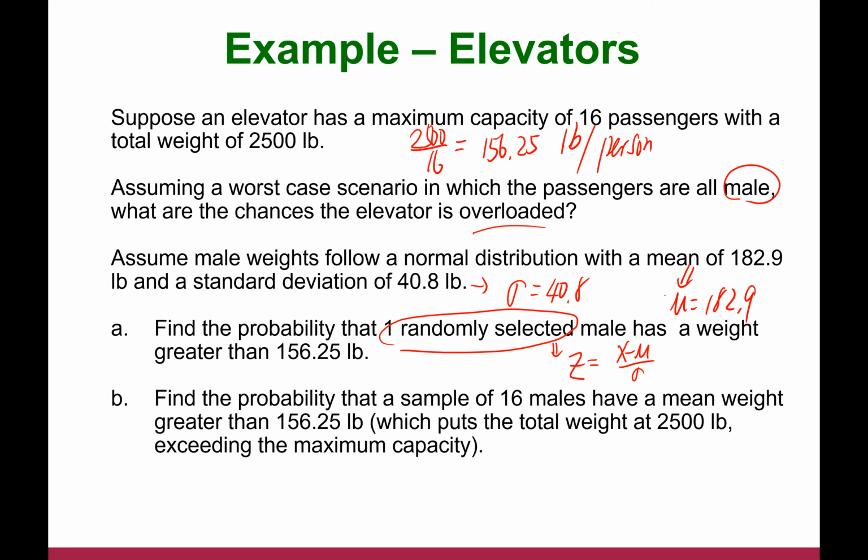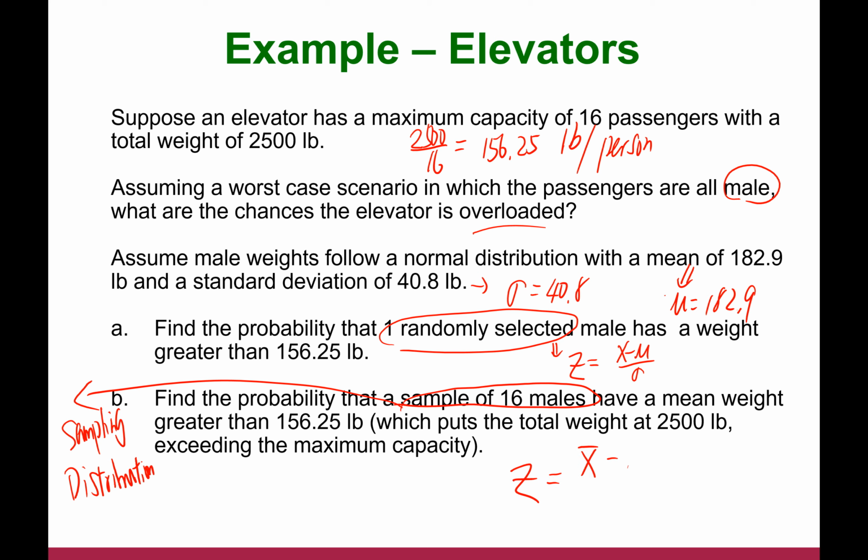And for part B, you have a sample of 16 males. To do that, you have a sampling distribution, so we use the formula for the central limit theorem. The z-score equals the sample mean minus the population mean mu, over the population standard deviation over the square root of the sample size.